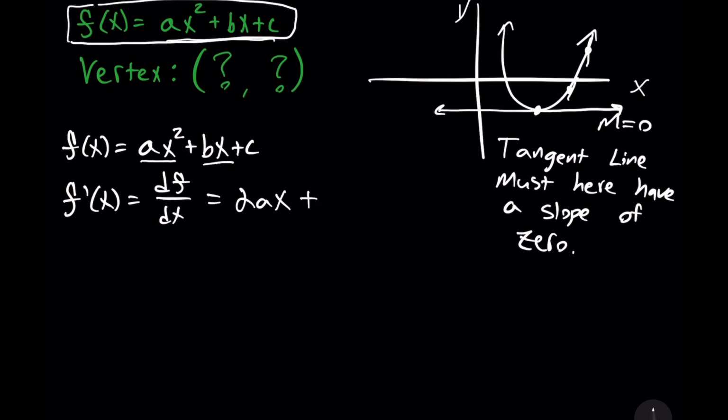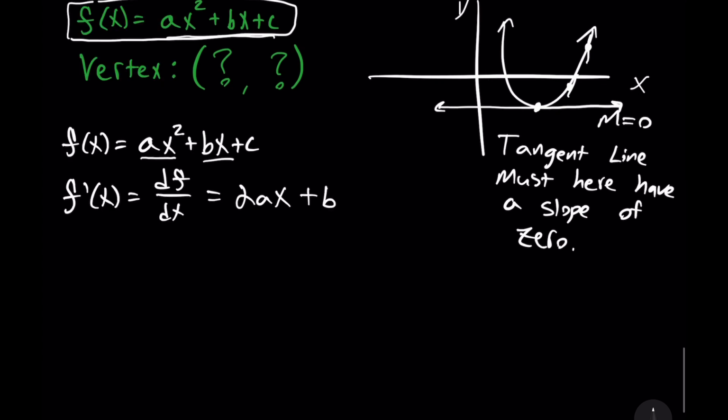Likewise, bx, so what's the derivative? x is to the first power, so b is going to be times 1, and because x is to the first power, 1 minus 1 is 0, x to the 0 power is 1, so we're just left with b. And then for c, the derivative of any constant is just 0.